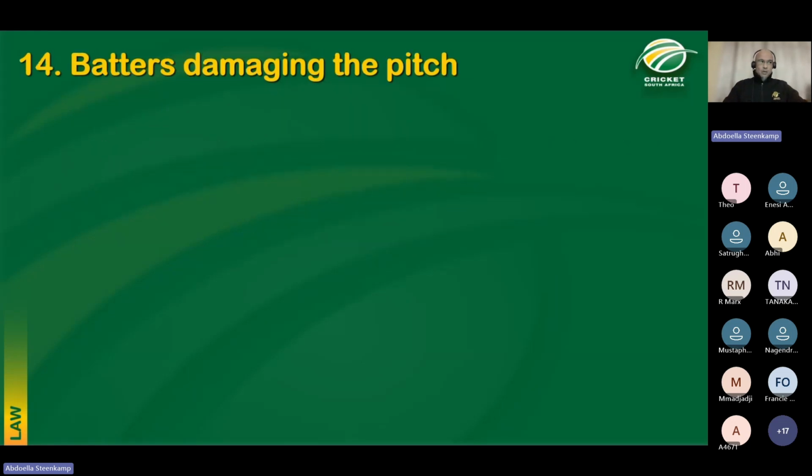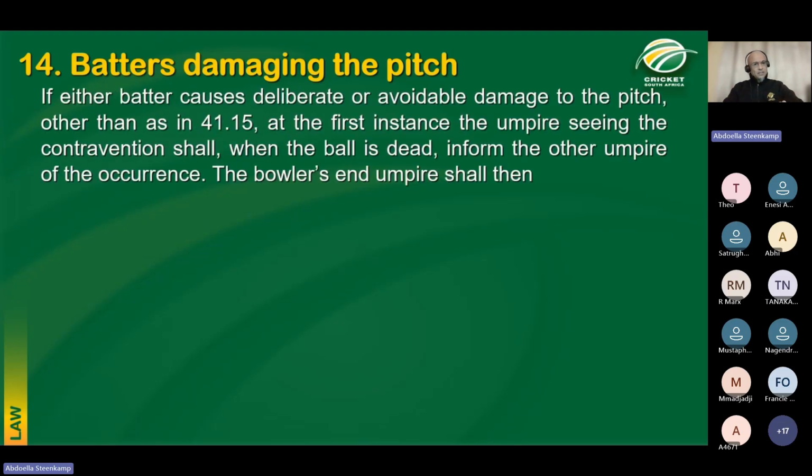So now that's bowlers running into the protected area. We'll get to later what happens if the striker goes into the protected area. I first want to cover what happens if batters damage the pitch and what the punishment is. So here the law speaks about batters damaging the pitch. And the pitch is the whole pitch.